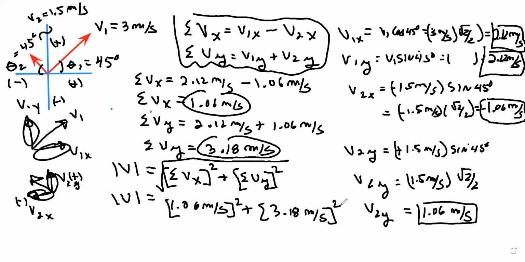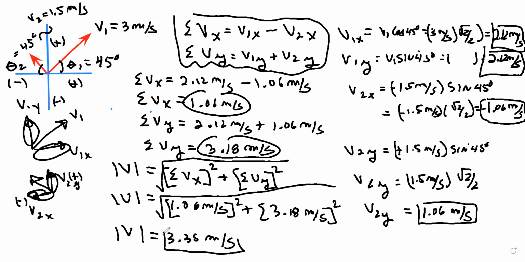And we got to square that guy, and everything has to be elevated to the square root. So your magnitude is going to be 3.35 meters per second. Okay, there you go. That is the magnitude. And we still have to get the direction, the θ3, let's call it, which gives direction.